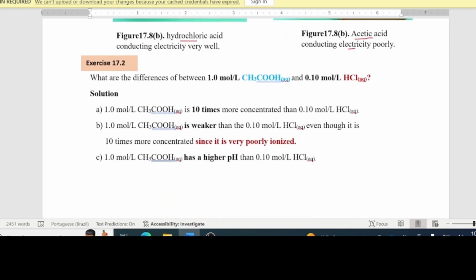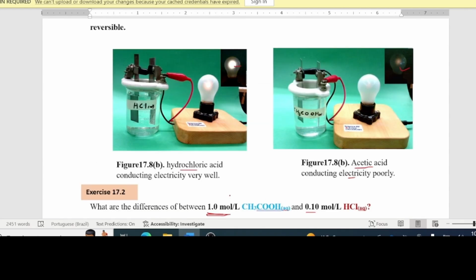So this is a little quiz I give my students here. What are the differences between 1 mole per liter acetic acid and 0.1 mole per liter HCl? What are some of the differences? First of all, in terms of concentration, acetic acid here will be 10 times more concentrated than HCl. Even though this is 10 times as concentrated as HCl, it still remains a weak acid because it is poorly ionized.